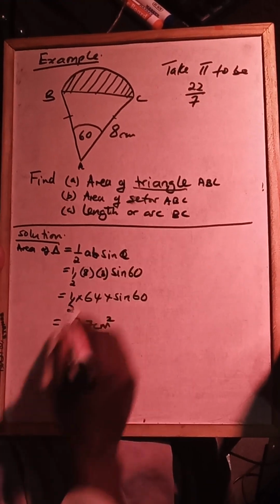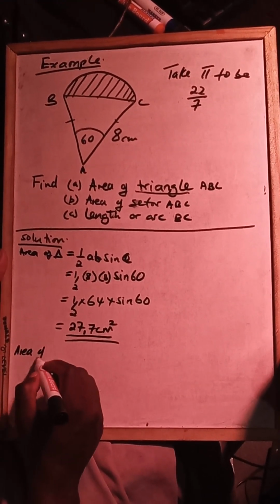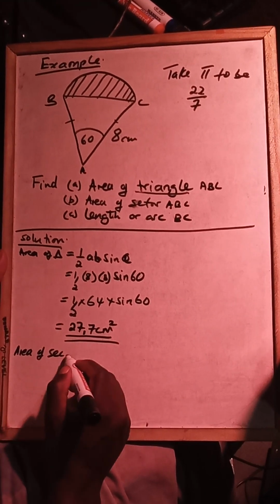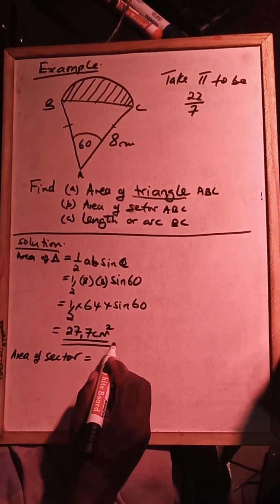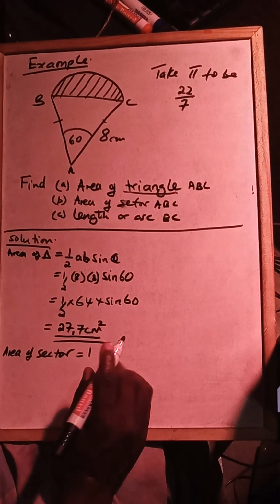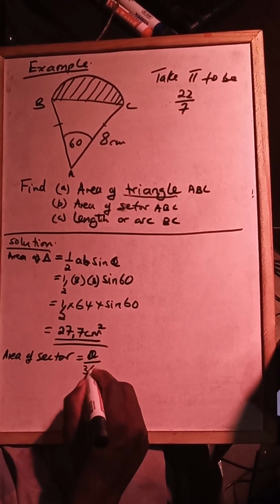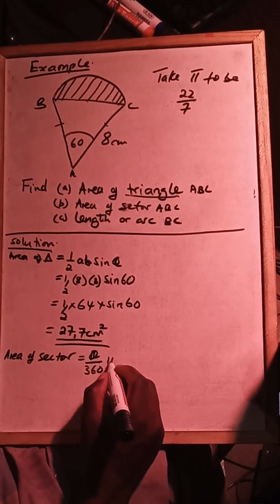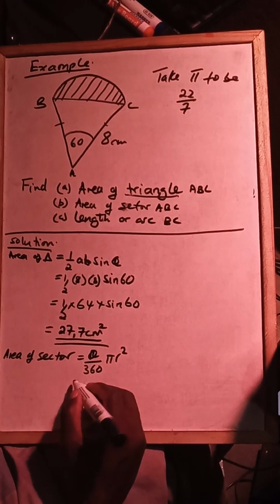Let's go to the area of a sector. Area of sector is equal to theta over 360 pi r squared.